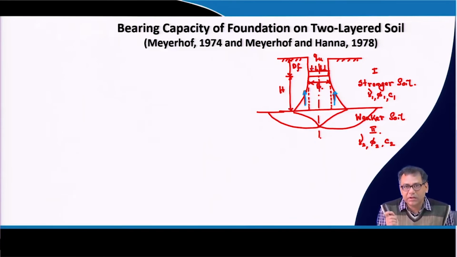So, there will be a passive resistance that the soil outside this failure zone will give, because your soil is trying to push outward, to the two sides of the foundation. Those soils will give you a passive resistance. That passive resistance is say Pp, and that will act at an angle of delta.